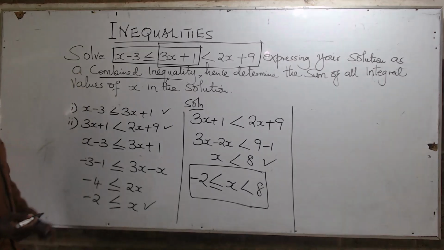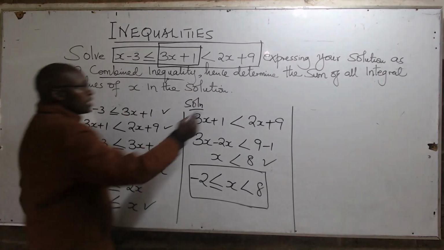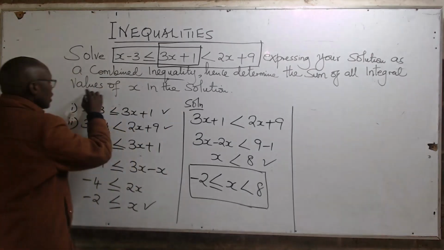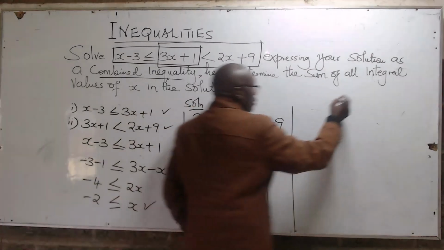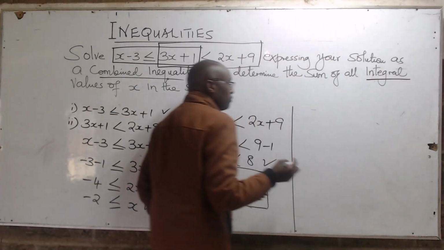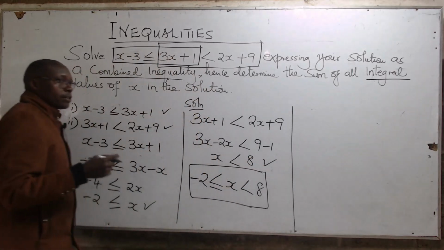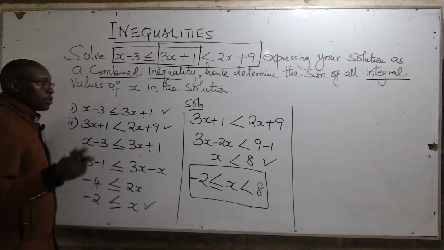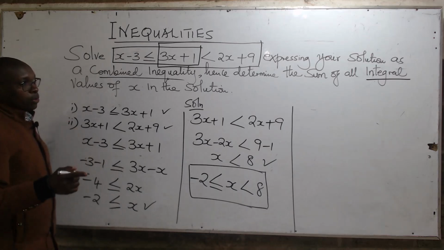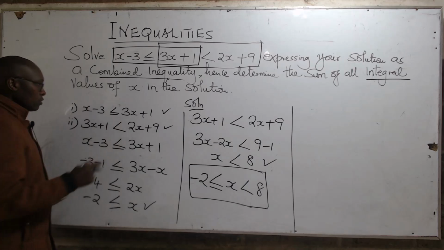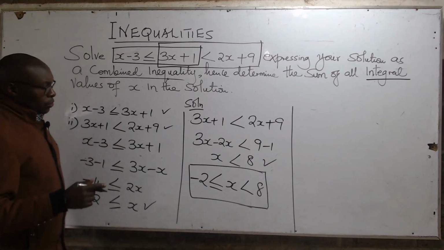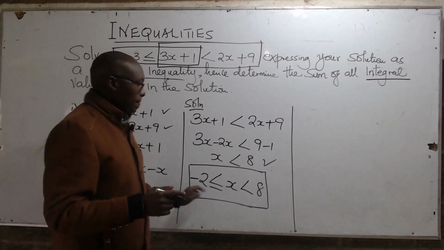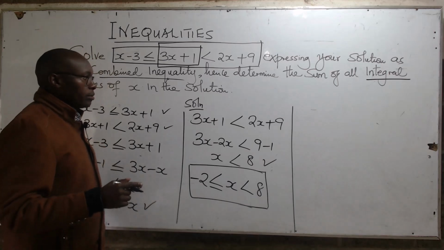Now, we are supposed to determine the sum of all the integral values of x. The integral values are those values that are whole numbers, both positive and negative, inclusive of 0, no decimals, no fractions.